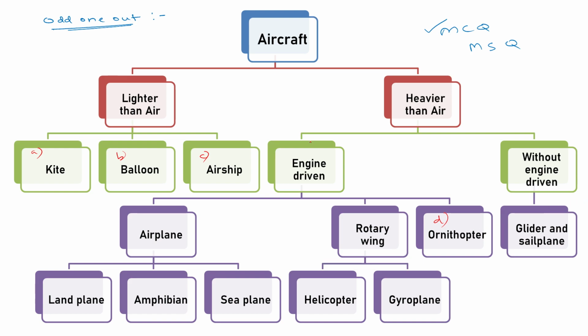Now, first and foremost, this is an odd one out question. They have given you the options kite, balloon, airship, and the fourth one ornithopter. Which among these is going to be the odd one out?